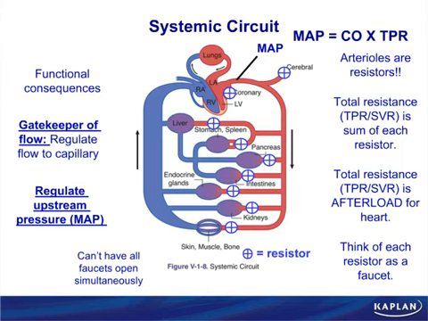Can't have all these faucets open simultaneously. And that is such a key, important construct. So, pressure, flow, resistance. Arterioles are the resistors. Two functional consequences: this regulates grocery delivery and it impacts upstream pressure.